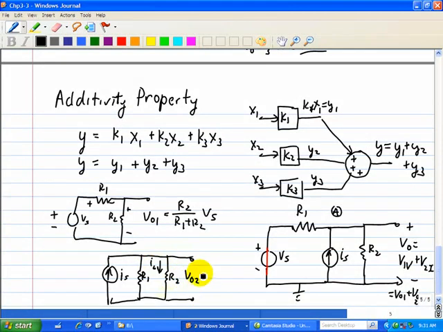But I2 is just using the current divider, where the opposite resistor, R1, over R1 plus R2. So that's our analysis so far. And then because this circuit is linear, we add the outputs VO1 and VO2.